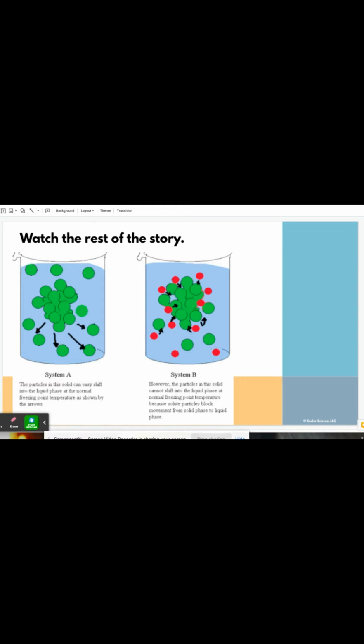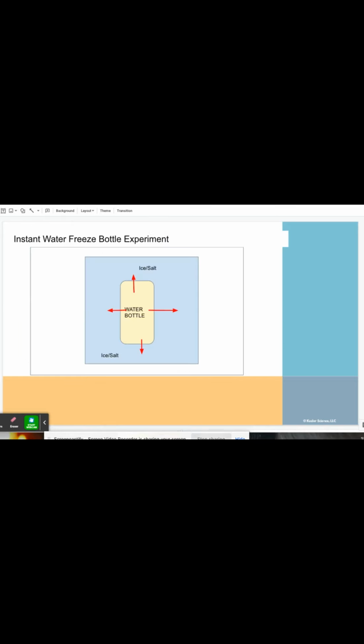So it starts stealing energy from its surroundings and melting. In the instant water freeze bottle experiment, we have the water bottle, and outside in the bucket was the ice and the salt. Heat was traveling from the water bottle to the ice and the salt. The ice salt, again, was stealing energy from the water bottle. And when you took it out and tapped it on the table, it froze.